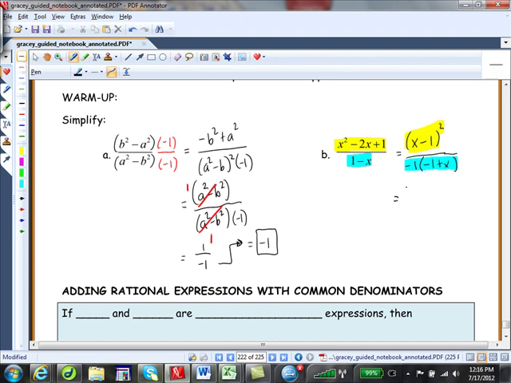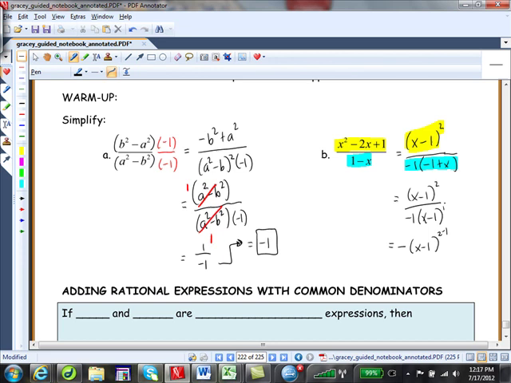Well, this is equivalent to x minus 1, the quantity squared, over -1 times x minus 1. Now notice that's like x minus 1 to the 1. So what will happen is, we will have a negative from that -1, and we will end up with x minus 1 to the 2 minus 1 using the properties for exponents. We're dividing the same base, so we subtract the exponents.